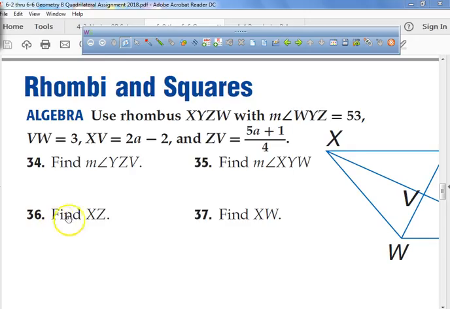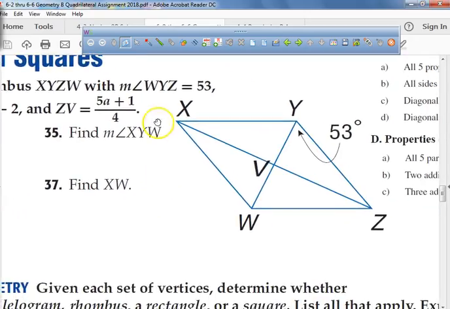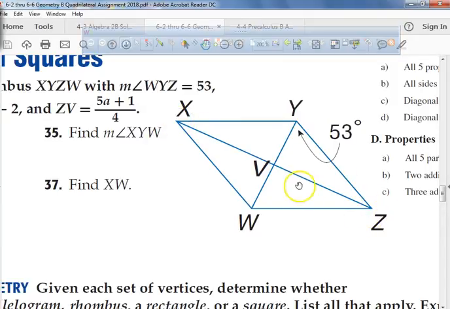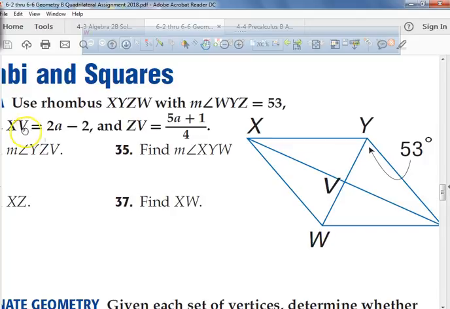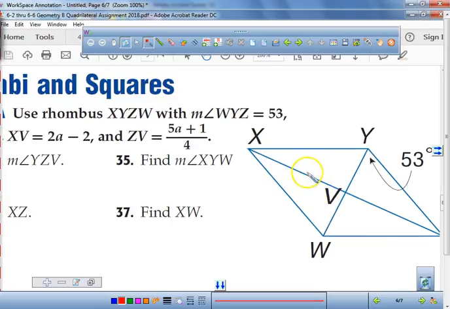So if you Number 36, find XZ. By the way, XZ is the distance from right here to right here. Now, over here, it says XB is 2A minus 2. So from here to here is 2A minus 2. So this distance right here is perfectly equal to this distance. If they say this is 2A minus 2, by the way, this is the letter Z right here.